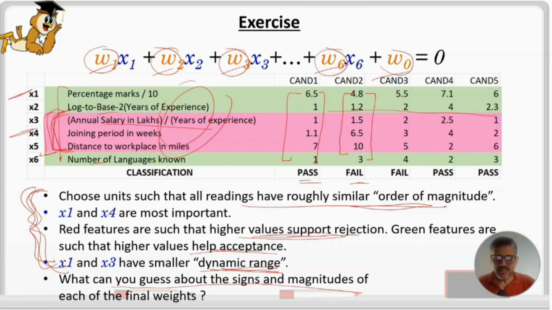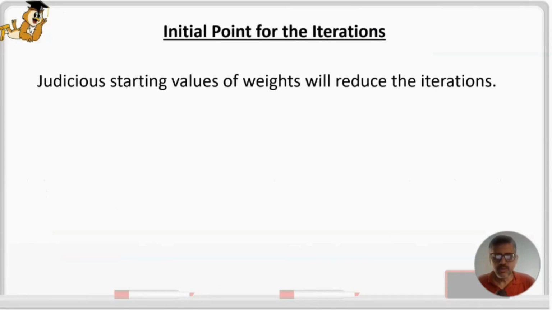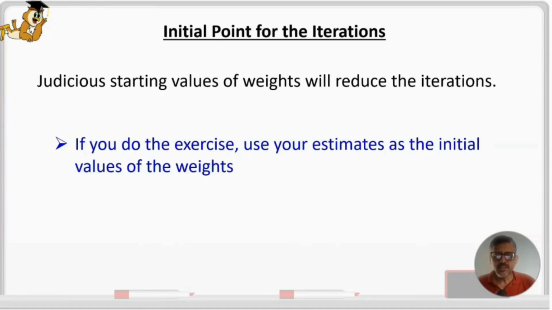Why is this exercise important? Getting a feel for the final answer, or getting a feel for how an algorithm works or what your expected answer is likely to be, is extremely important in solving any problem.